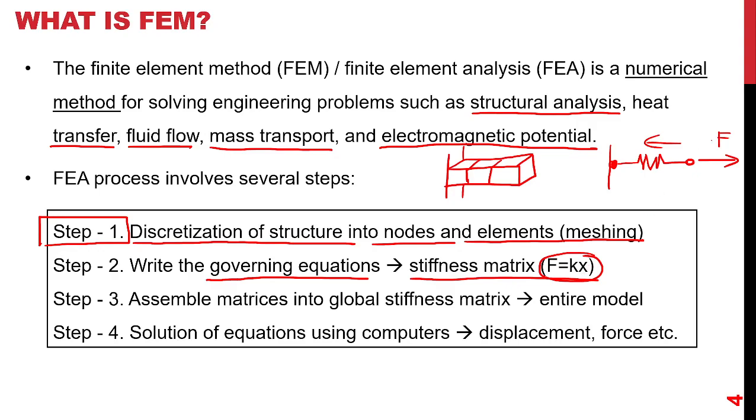So if F is here, over here the force will be kx. What is x? x is your deflection. And then you assemble the matrix into a global stiffness matrix. Meaning if I have more elements, I have to assemble all the equations together.